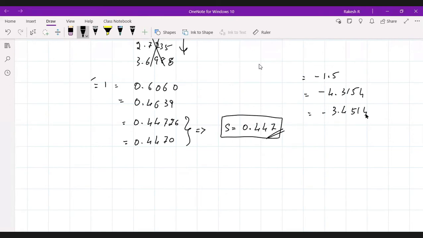And then I got -2.8609. Calculate. Next is -2.5438. And similarly calculate, this got -2.4535.